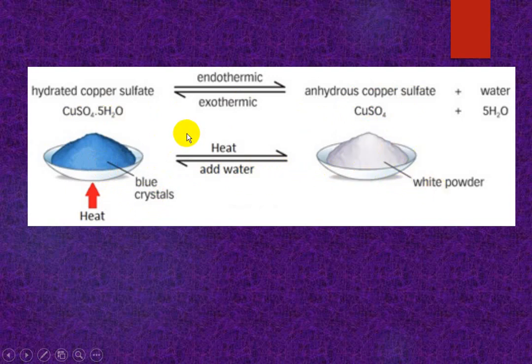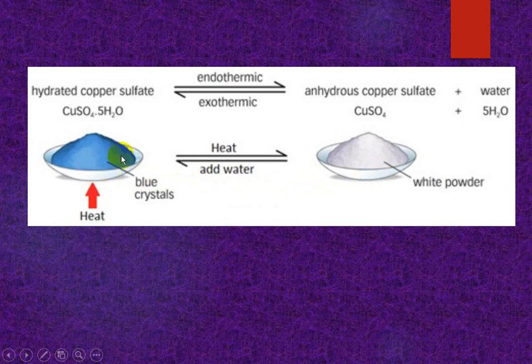When heat is absorbed by the system, that means an endothermic reaction, and the blue crystal turns into white. When heat is released, the white crystal becomes blue.